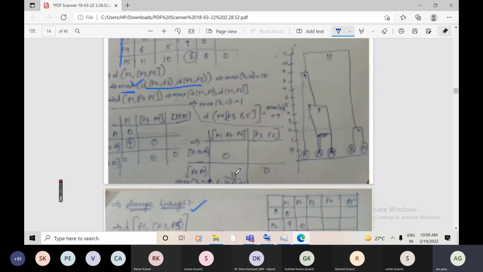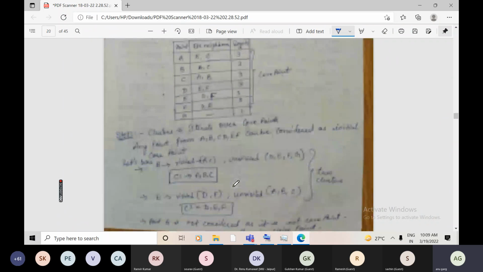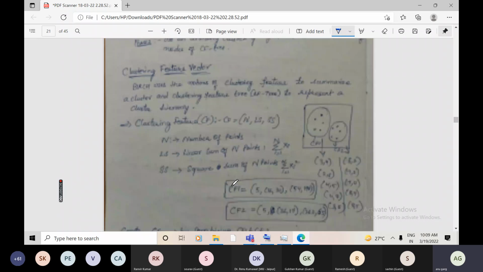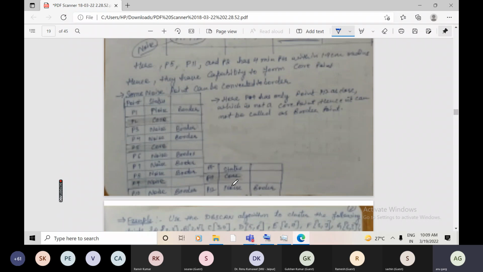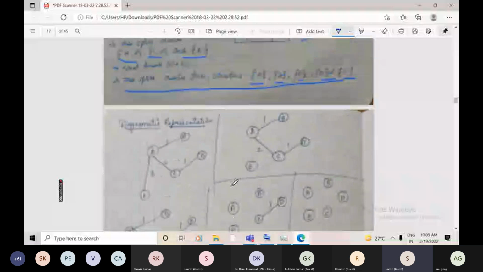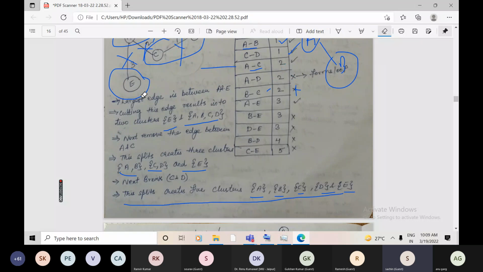So basically, I don't understand what the point is behind this divisive, because finally you are getting the individual elements only. But I think the difference, which a lot of YouTube videos don't talk about, is that they can tell you to limit to 3 clusters. If you limit to 3 clusters, then if you remove E and you remove C, your E is 1, C is 1, and A, B, the rest 3 are 1.